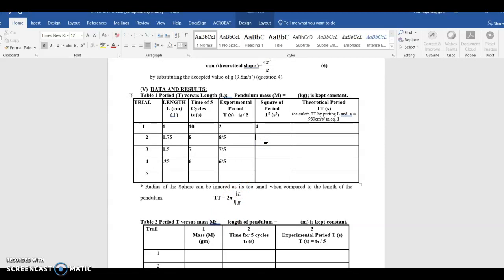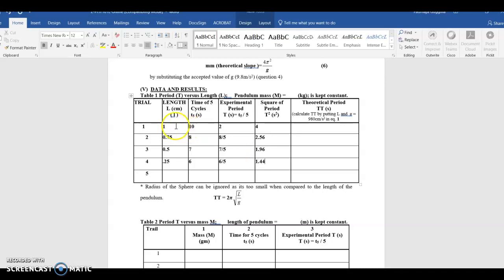So I'm going to do these calculations right here, 8 over 5, which is 1.6, and 1.6 squared is 2.56. And then here 1.96, 1.44.